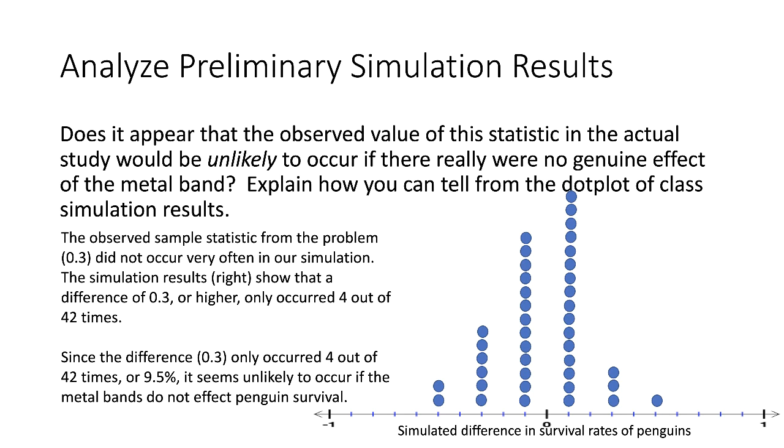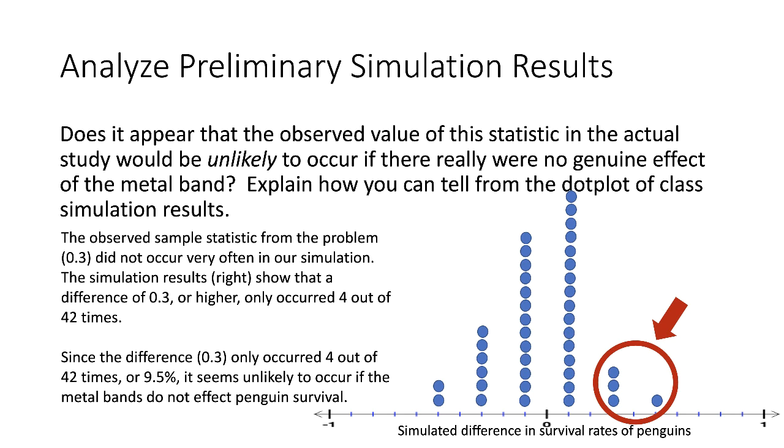The simulation results on the right show that the difference of 0.3 or higher only occurred 4 out of 42 times, or 9.5% of the time for the simulations on the screen. So it seems unlikely to occur if the metal bands do not affect penguin survival.